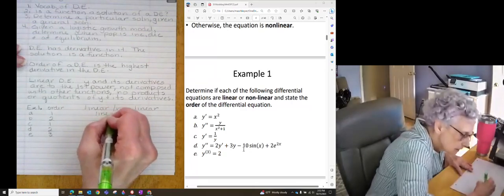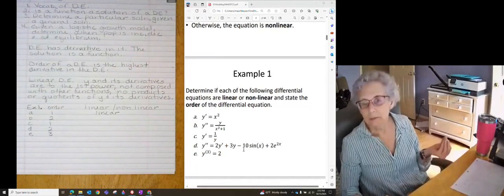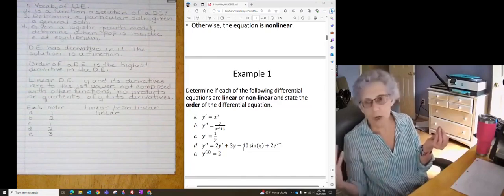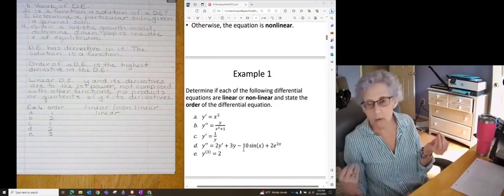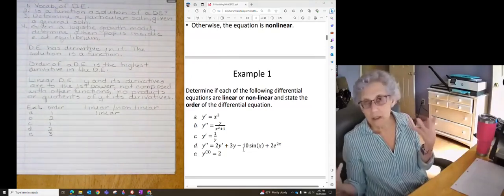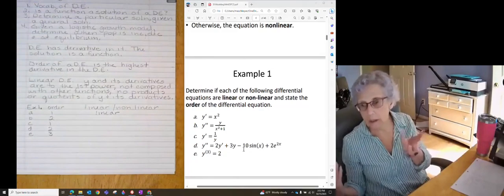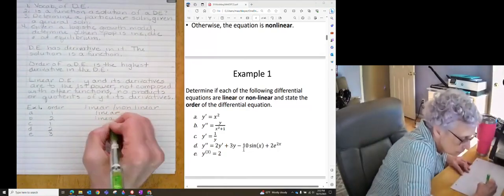So this one's linear. B, we have a second derivative. It's not raised to a power. It's not multiplied by y or any other derivative, and it's not the object of a function. It's not composed with anything, and neither is y. So this one's also linear.